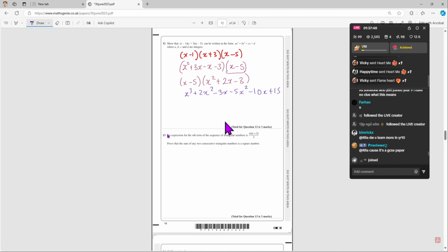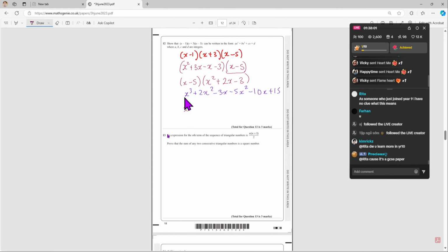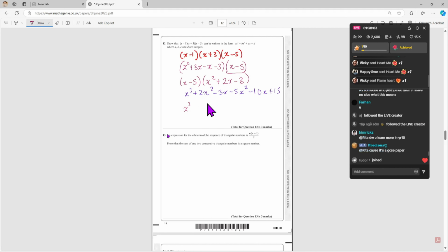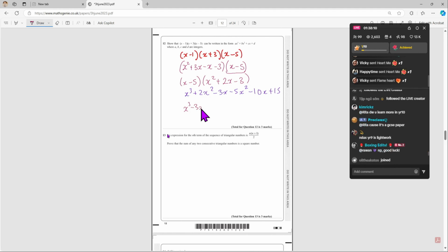Okay? And now, once we have done that, we have to simplify this. As you know, there's only one x cubed in the whole expression, so we're going to leave x cubed right there. And then we're going to do positive 2x squared subtract minus 5x squared. That will give us minus 3x squared.